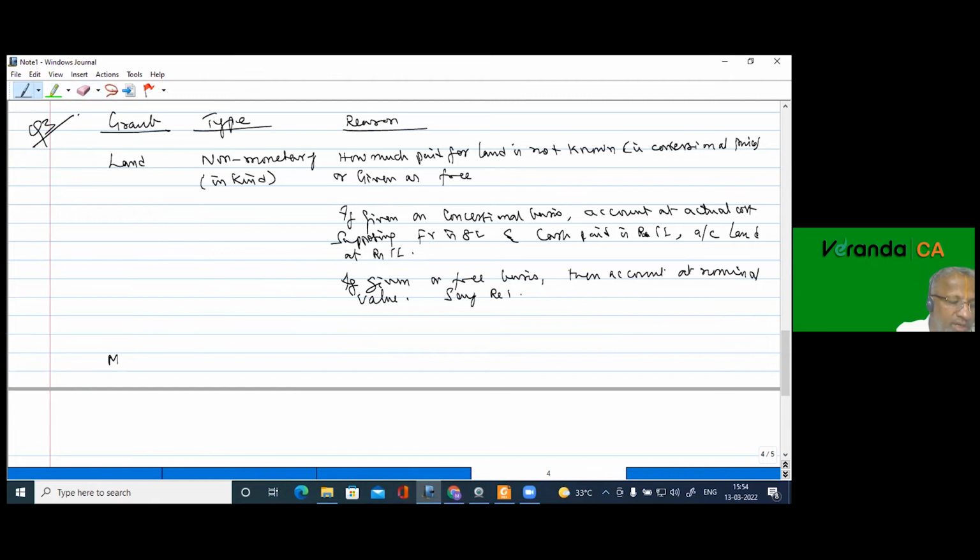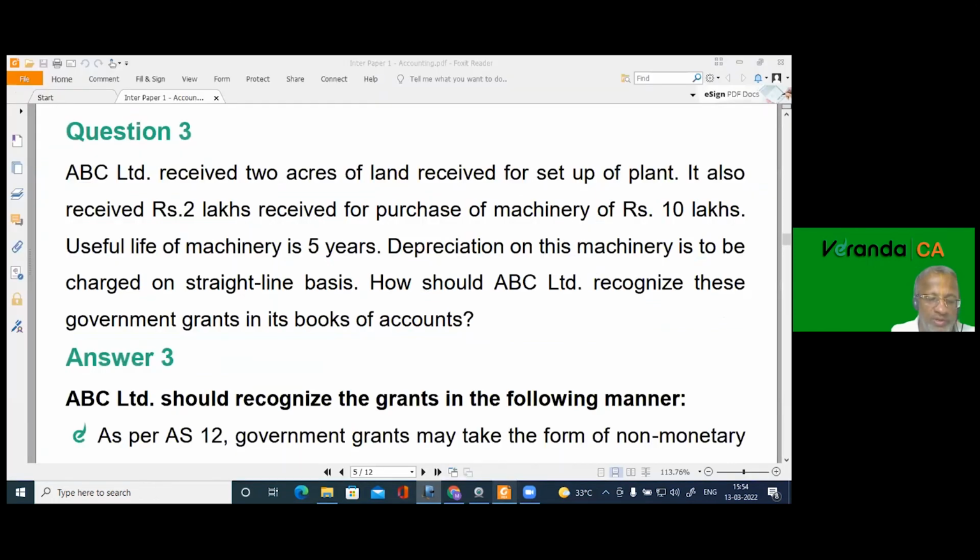Then machinery, cash, rupees 2 lakhs. There are two approaches that we have.